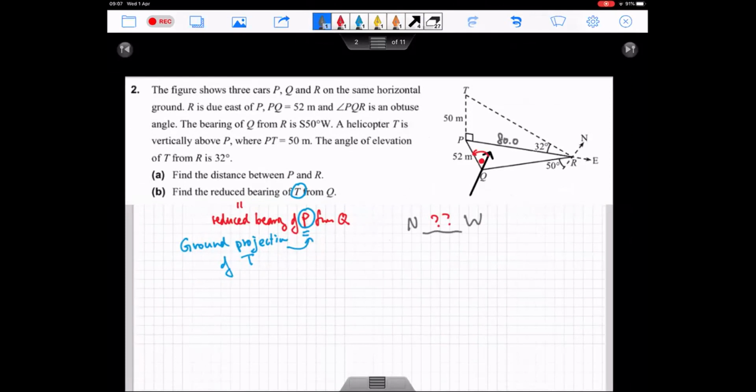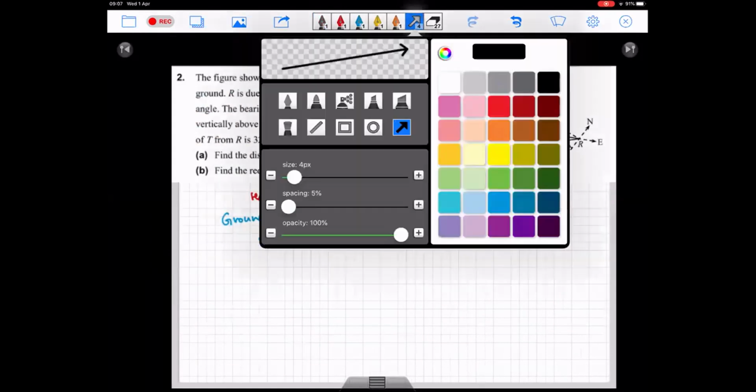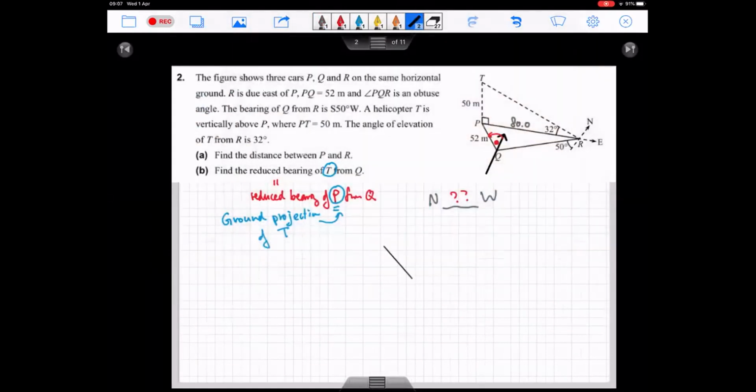As for how to find the red angle, we can use the flat triangle here. We just got the triangle PQR. This is the flat triangle, and we have the three sides, right? Or do we have the three sides? No, we got only this one and this one, right? And we do have this angle.